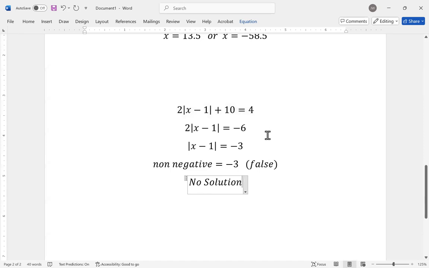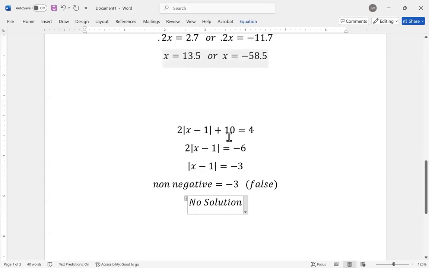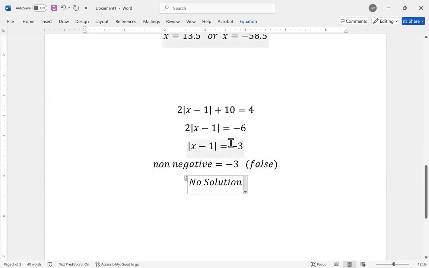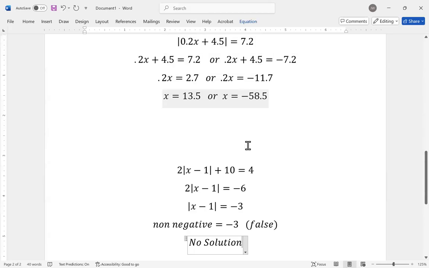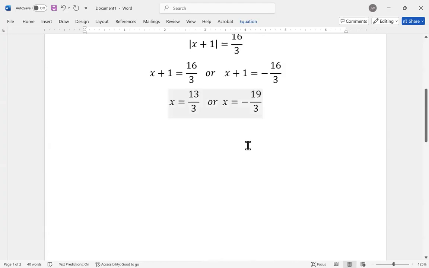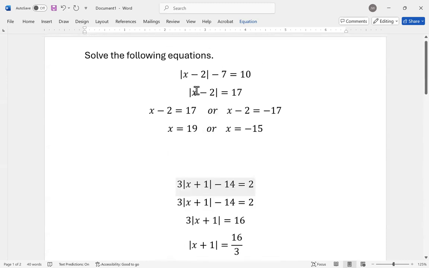Now, I do want to point out that most of the time we get 2 solutions or we get no solution. There is one weird case where it's equal to 0 that we would get a single solution. I'm not going over that. Also, in these instances, I've always put the absolute value around an expression with the variable. So that's what I mean by absolute value equations.